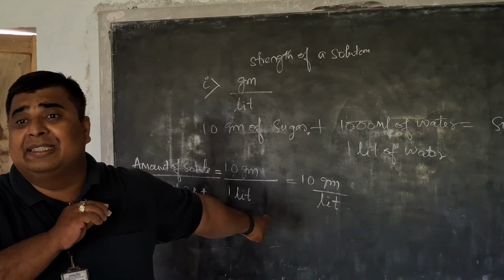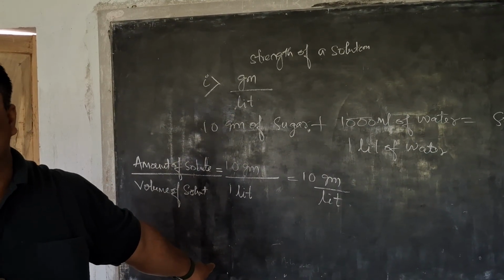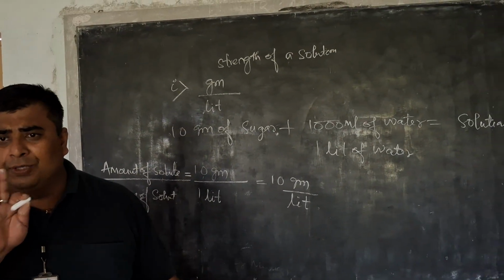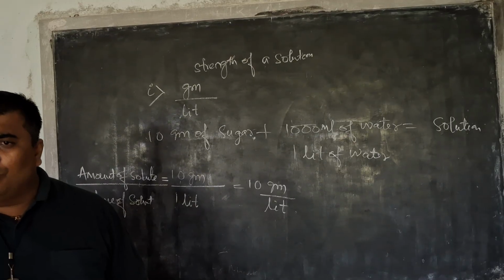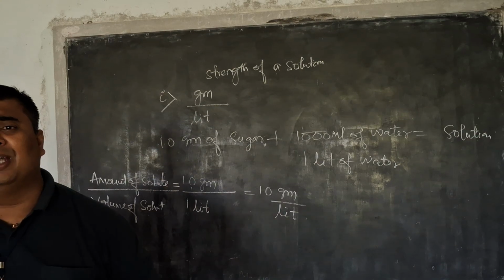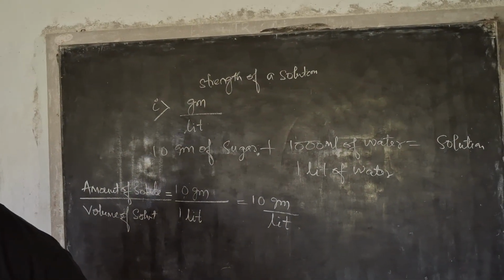So generally these are the ways of expressing the concentration of a solution. Simply, you students will ask, how can you know this is a high concentrated and this is a low concentrated solution? Suppose a real Thums Up is given to you.